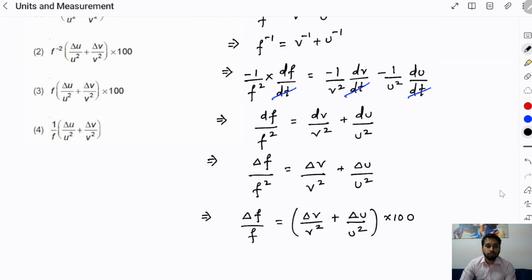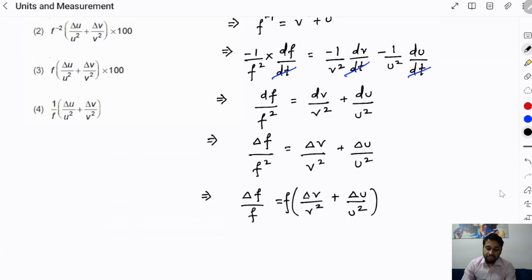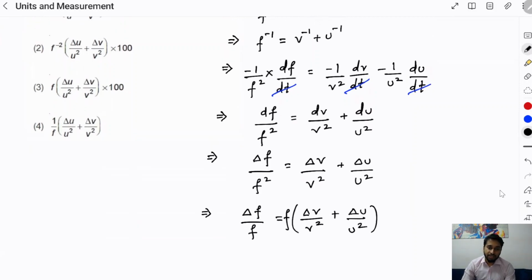Okay, no, not into 100 as of now, into F. F will come into the multiplication, sorry. So this is an expression for relative error.